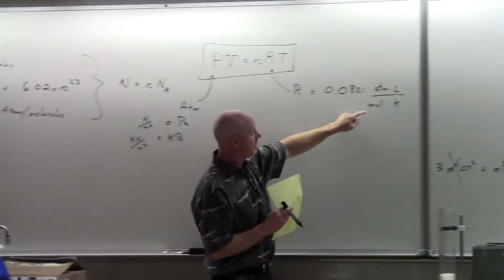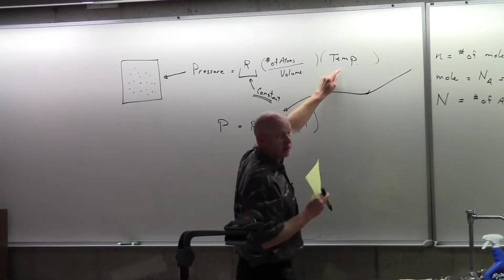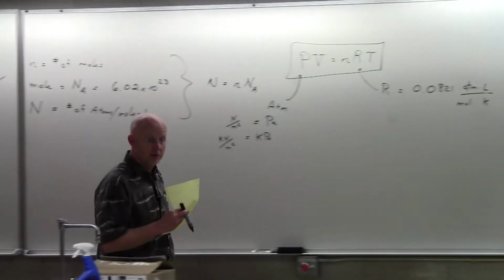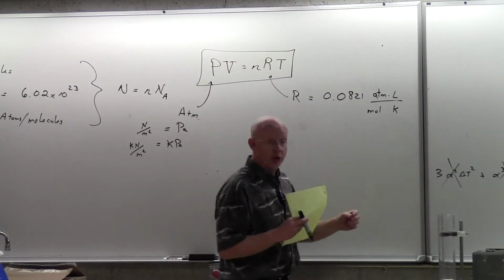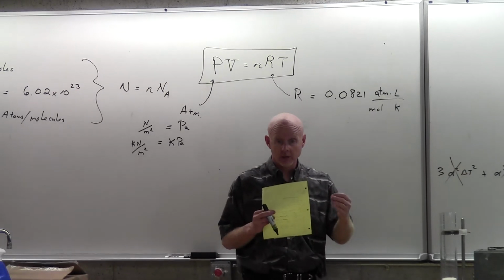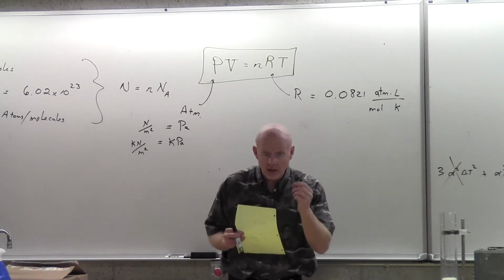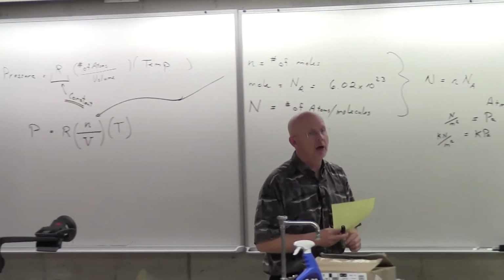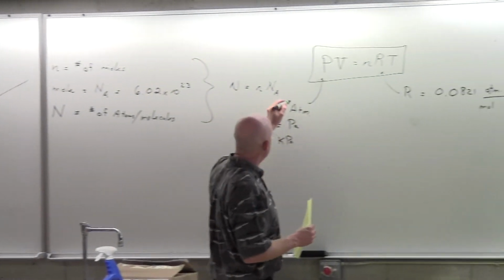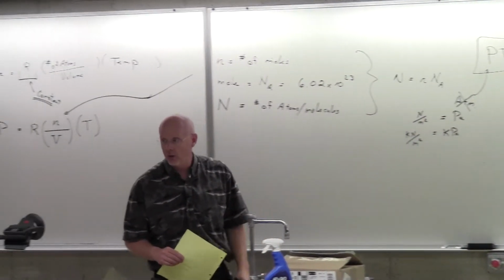Moles. Sure. You would need to put your temperature in what unit? Kelvin. You would need to put your volume in what unit? Liters. And your answer for pressure would come out in atmospheres. So certainly nothing is wrong with that, other than we don't usually use atmospheres for our unit.